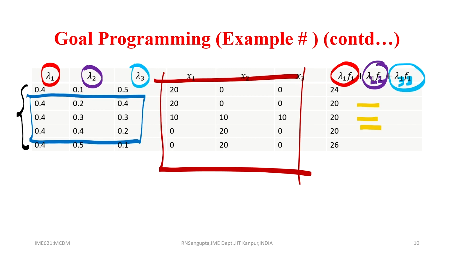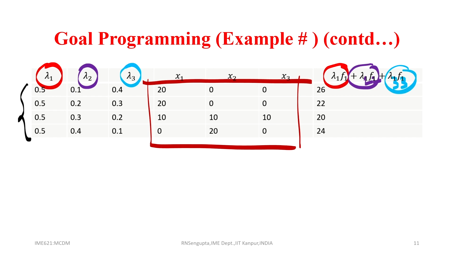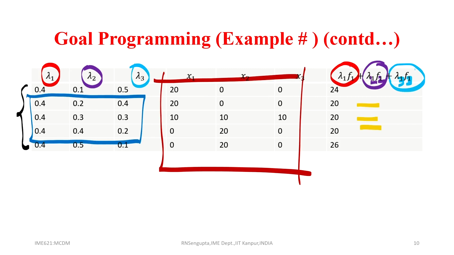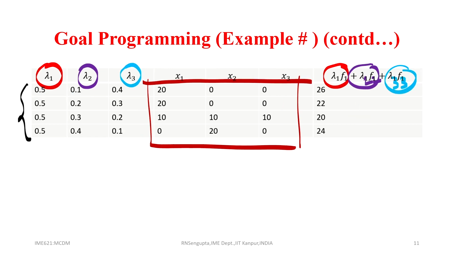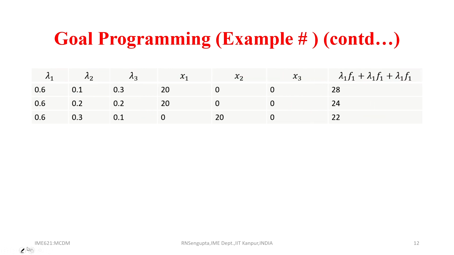For a value of 20, we have already seen that 10, 10, 10 was there, 20, 0, 0 was there, 0, 20, 0 is there, and finally, the value of 20 can be obtained with values of 0, 0, 20 also, depending on the combination.